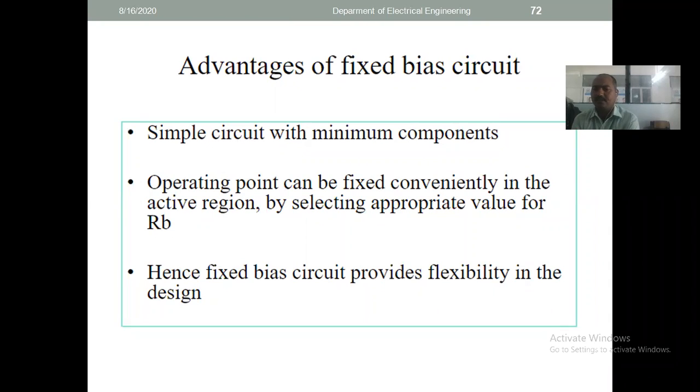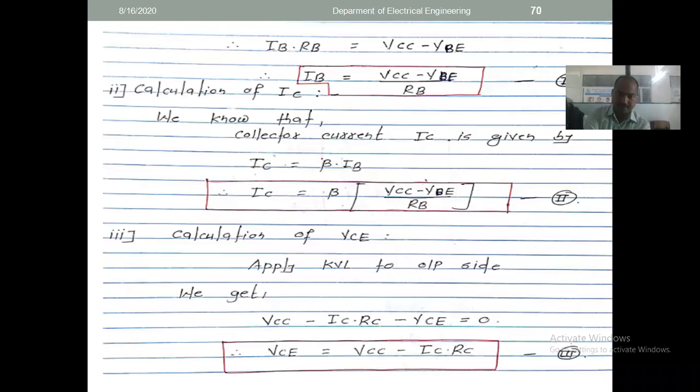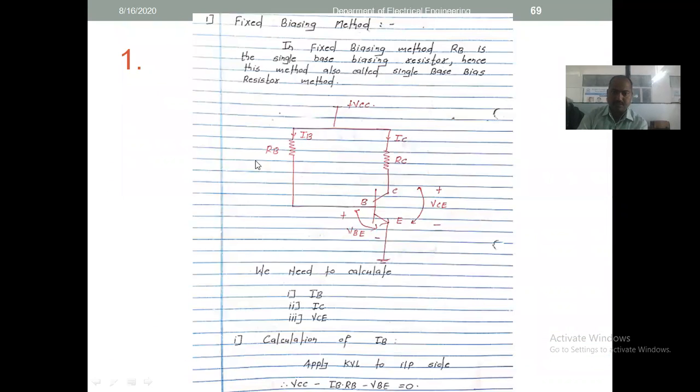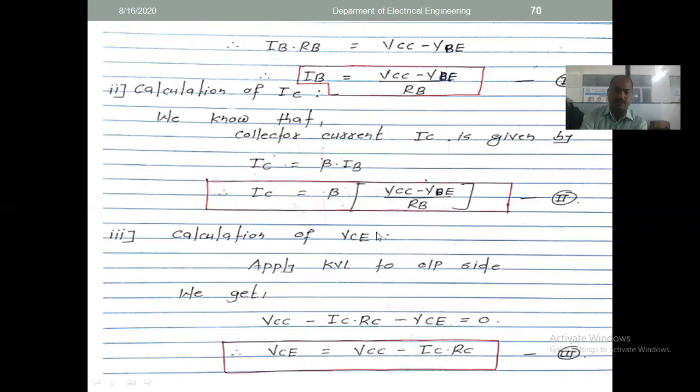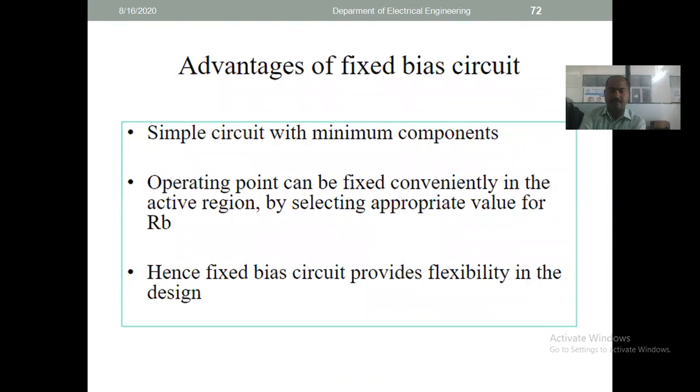That is the biggest advantage. Another advantage is that when we fix the particular RB resistor, only one resistor is required to provide the base supply to the transistor. This design needs only a few components, and flexibility is more in this type of configuration.